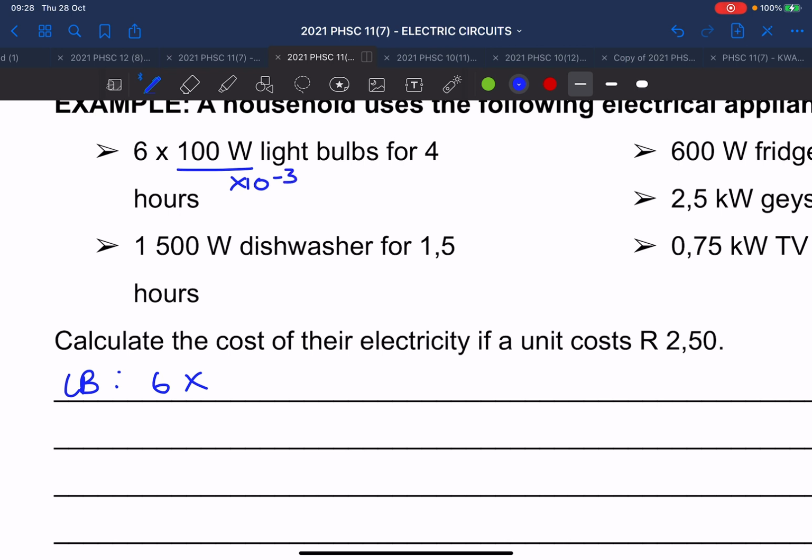You divide by 1,000 or times 10 to the power -3, so that's 0.1. And that is for 4 hours. Then our dishwasher is 1,500 watts. How many kilowatts is that? 1.5 kilowatts for 1.5 hours.